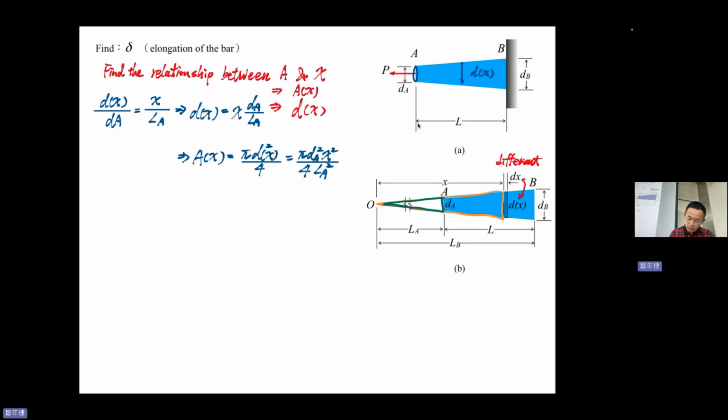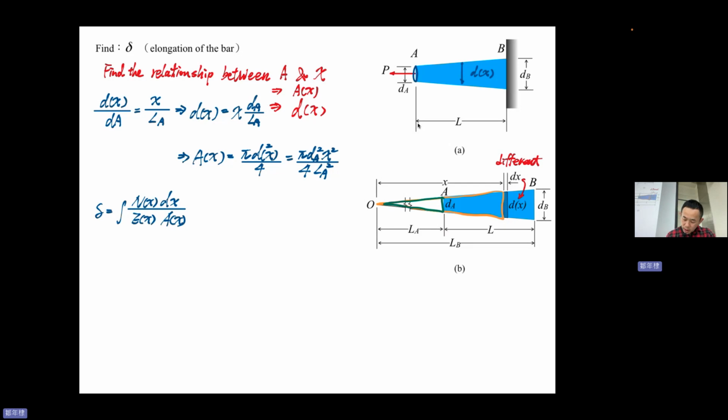It's good. How about delta? The delta, of course, will be related to the integration. Integration N of x dx divided by E of x, A of x.